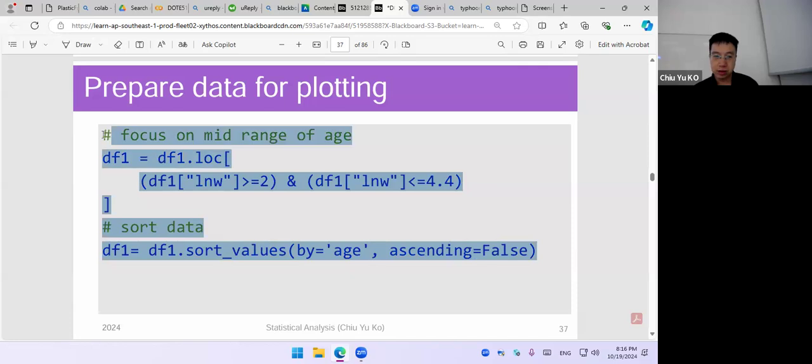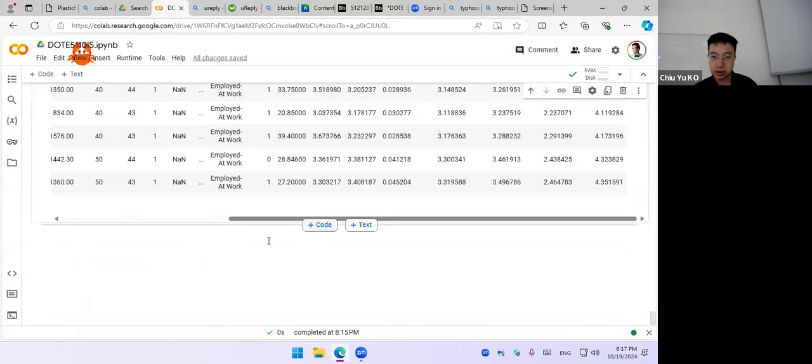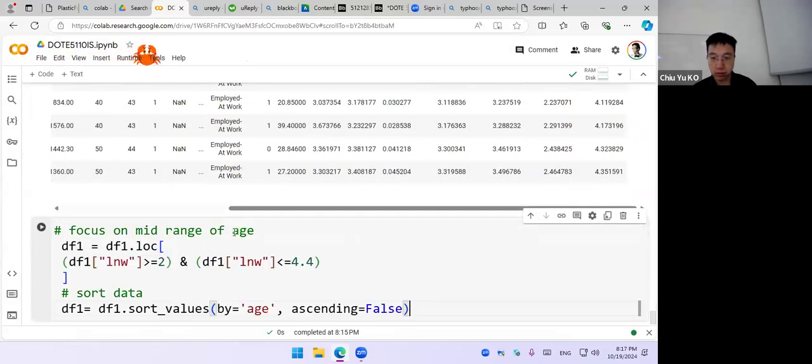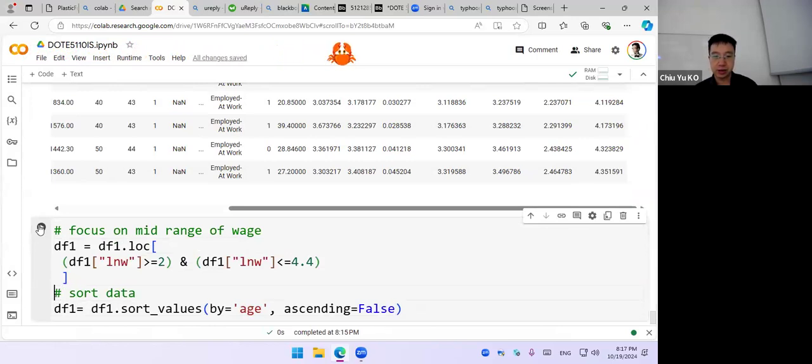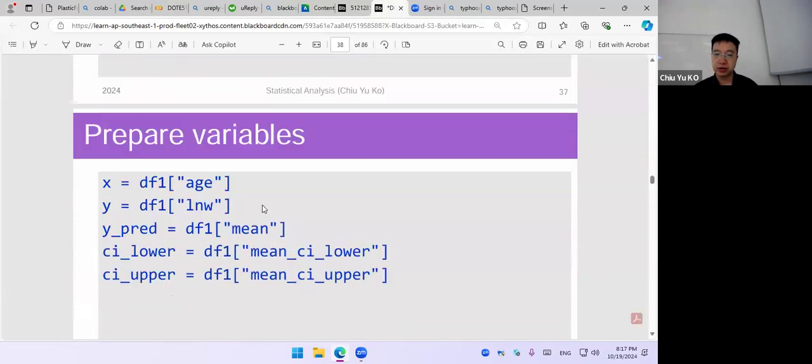So this would be wage, not age, sorry, it's a typo, wage. We keep the wages and sort the data based on age, and then we are ready to draw.